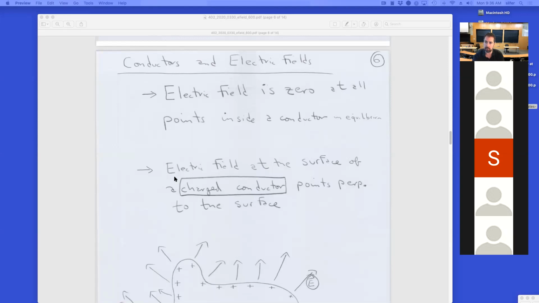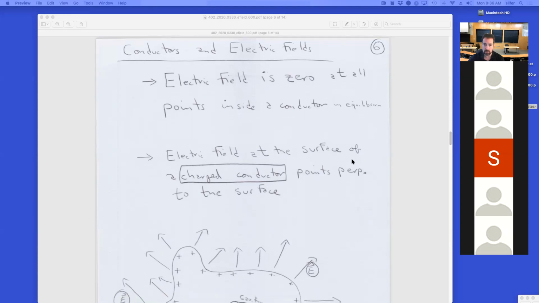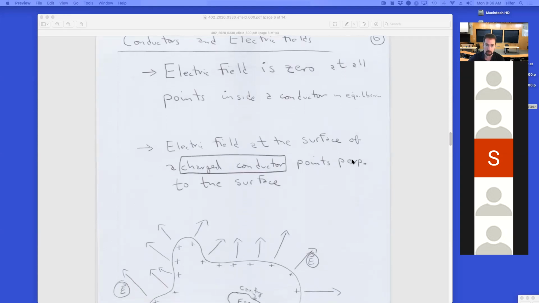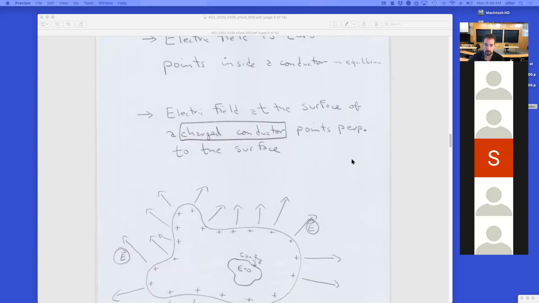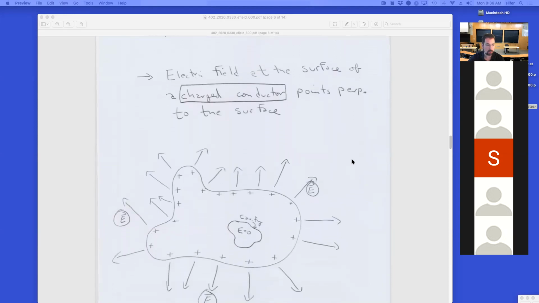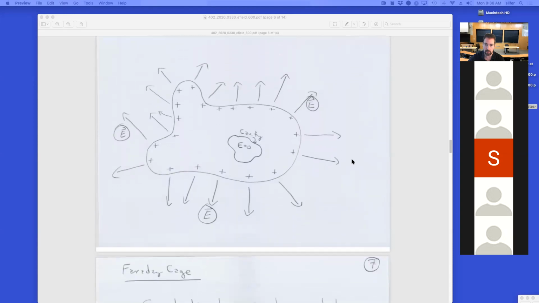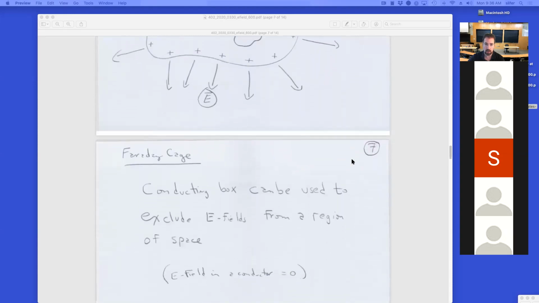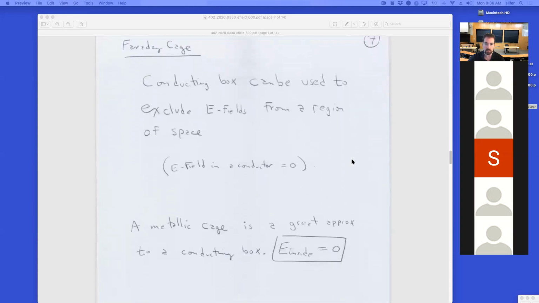What we're going to find is that this idea of the electric field being zero inside a conductor is quite useful. It's what's known as a Faraday cage. Hopefully Catherine was able to catch what she needs from the notes here. I'm going to slowly creep away from this page and get to my next page. Faraday cage.